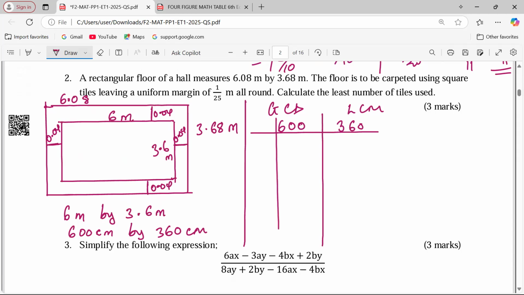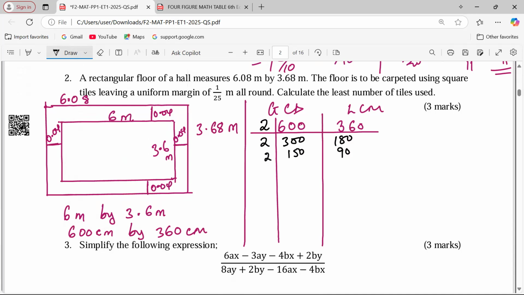So we have to express these numbers into prime factors which are going to be common throughout. So we can begin by 2. By 2, I'm going to get 300, 180. So I can go by 2 again for 150 and 90.